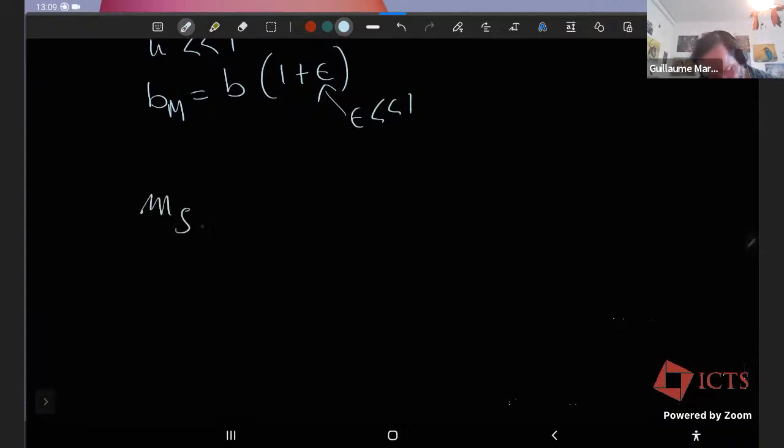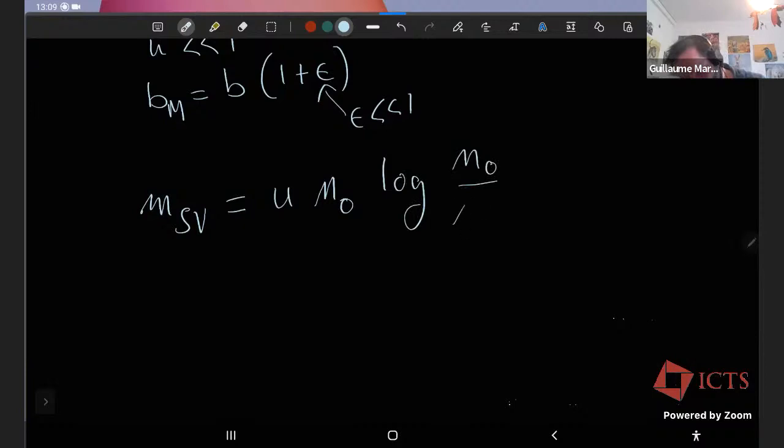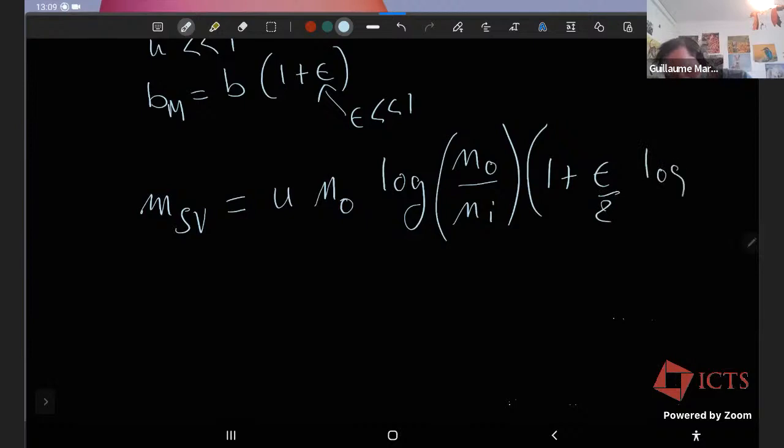It gives you MSV equals U times the population size times a log factor of growth, the log of the factor by which you grow the culture, times 1 plus epsilon over 2 times log N0 over 9.